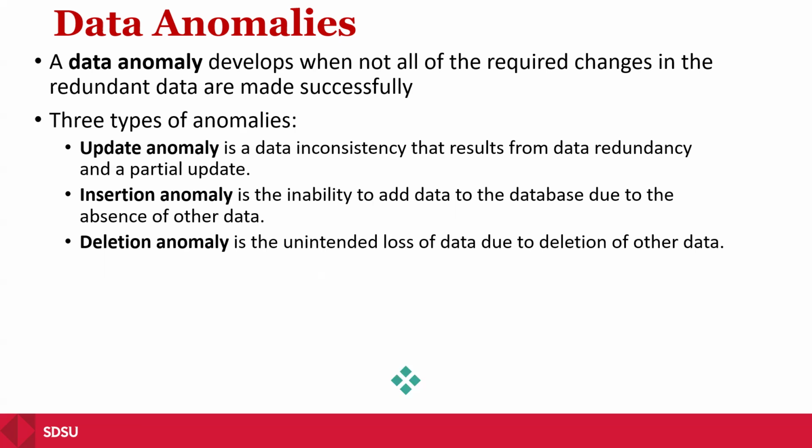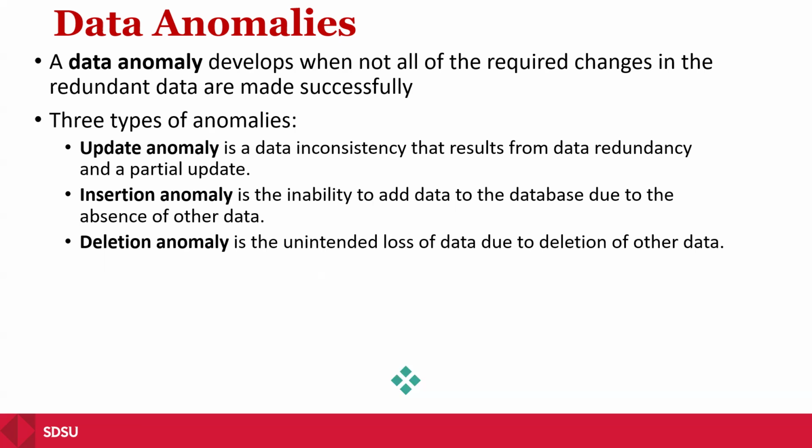So based on those three main actions that we perform on data, we have three different types of anomalies, each one representing one action. Update anomaly is related to data updates. So update anomaly means data inconsistencies that result from data redundancy or partial update.